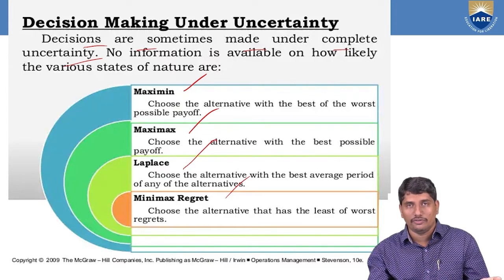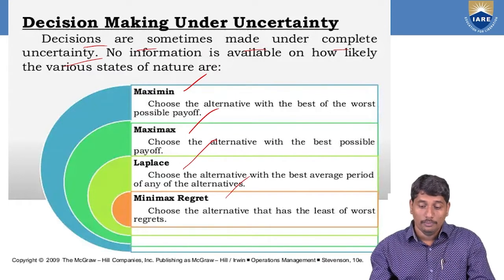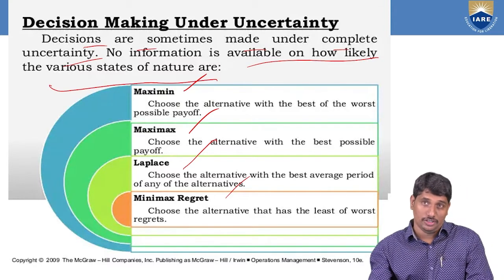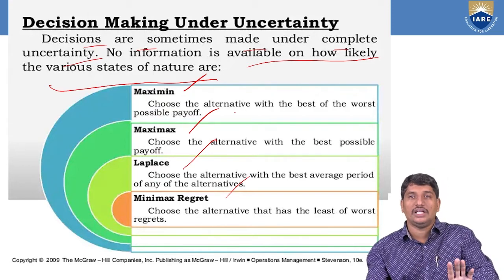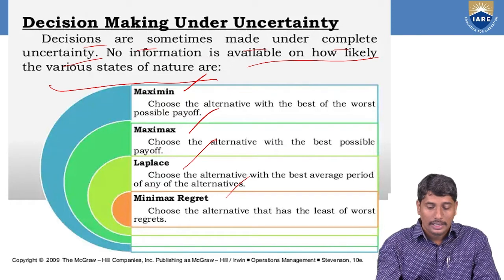For a certain environment, we don't need decision theory. For a risk environment, we don't need decision theory. Here no information is available on how likely the various states of nature are. So these four criteria are the mathematical criteria which we apply to make a decision.